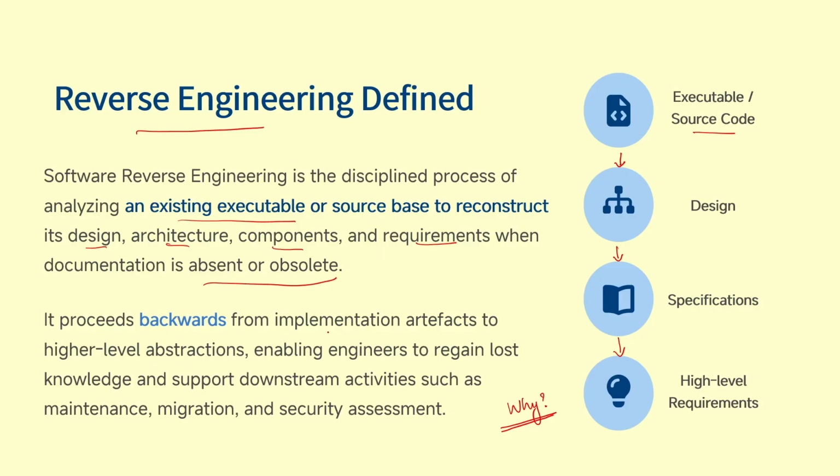As I said, you have the code in hand and you go backward, identifying why you developed this code. It proceeds backwards from the implementation artifacts to higher level abstractions. This enables engineers to regain the lost knowledge and support downstream activities like maintenance, migration and security assessments. So this is what I was trying to say.